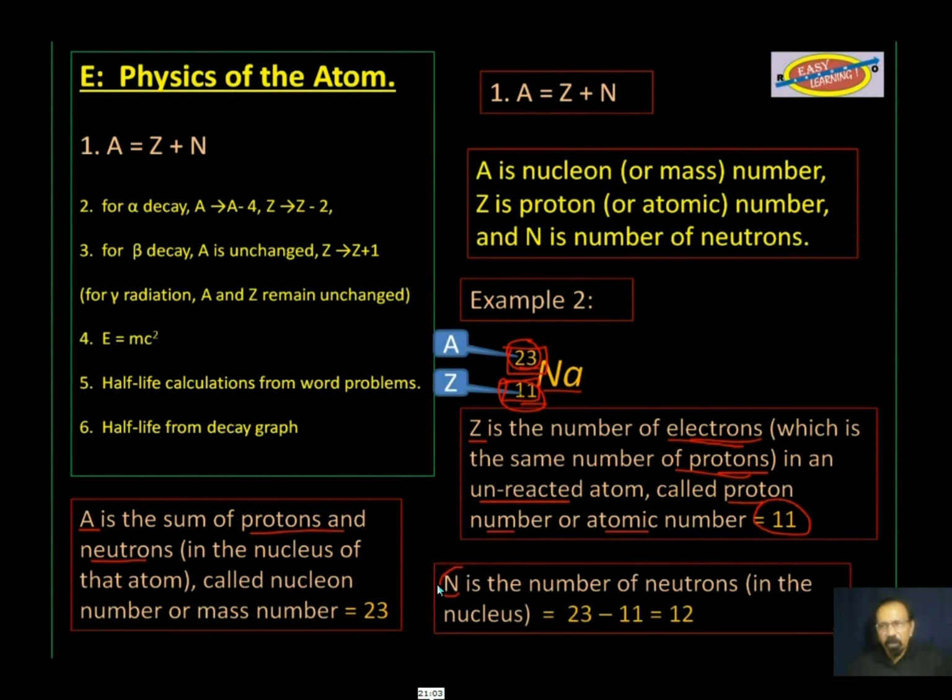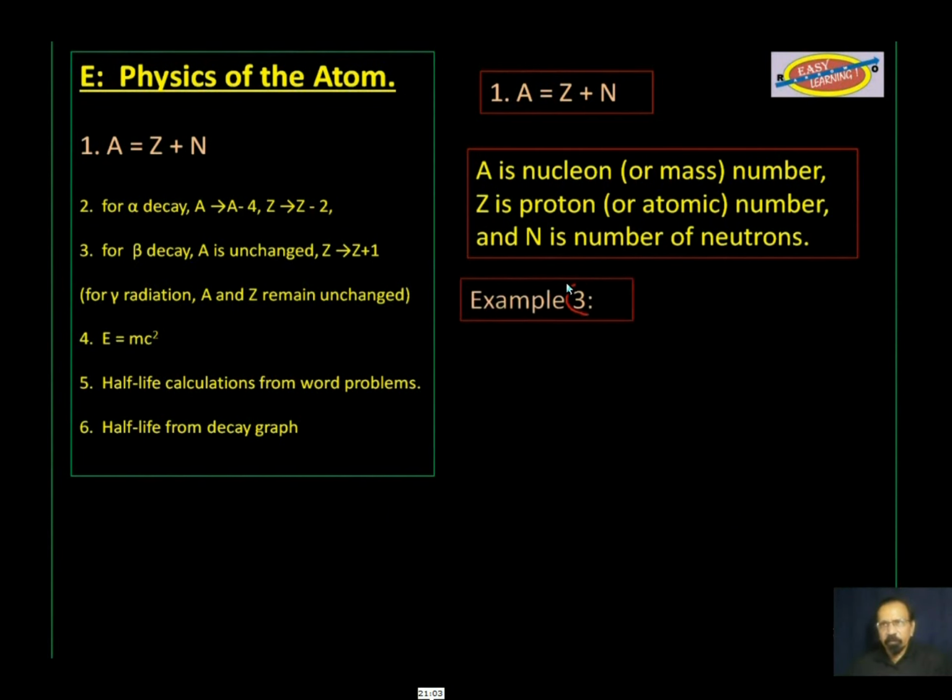So N, which is the number of neutrons, is 23 minus 11, and you get 12. The electronic configuration for sodium, which has 11 electrons, is 2 in the first shell, 8 in the next shell, which will give you 10, and 1 in the third shell.